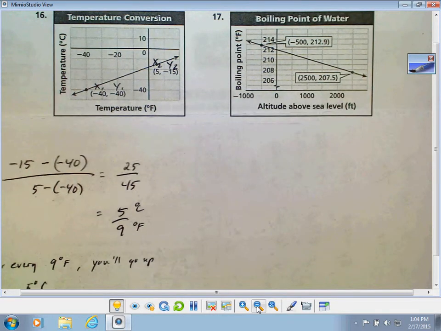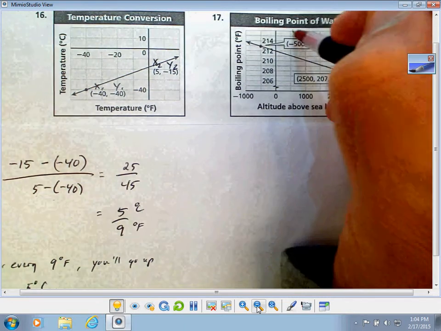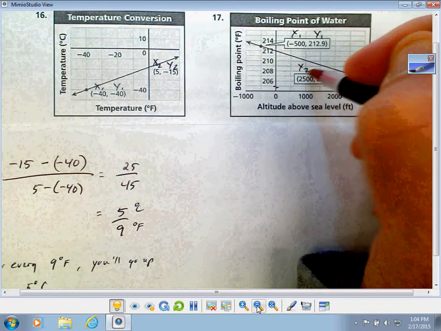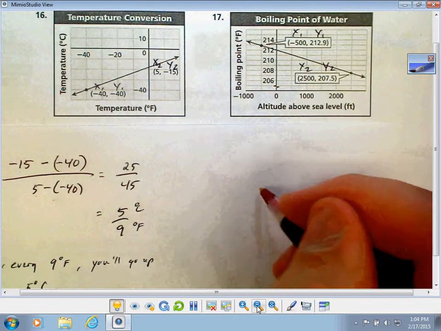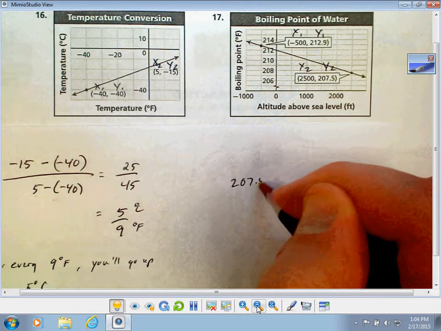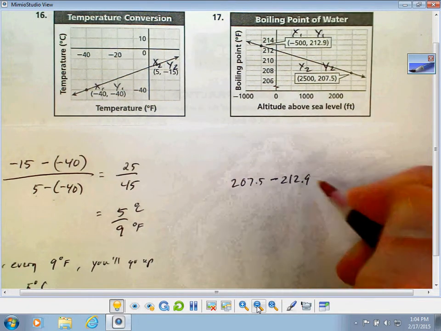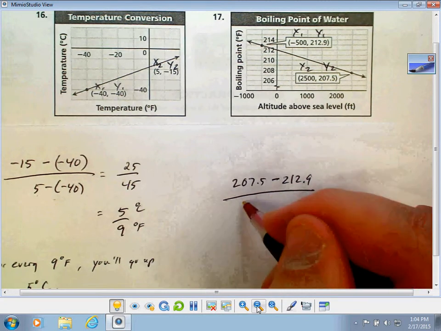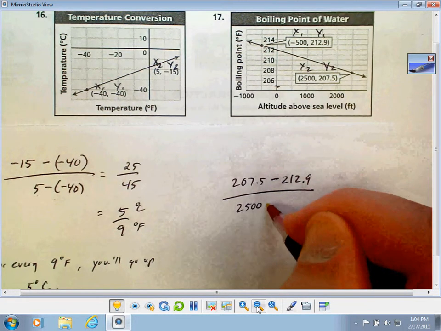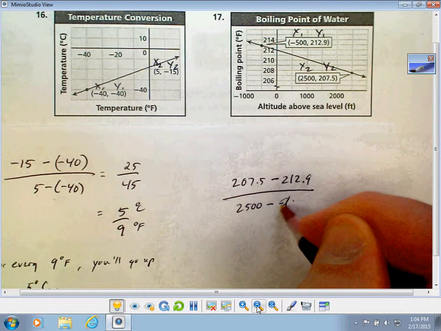Let's look at number 17 also with the same idea. We can call this one x1 and y1, x2, y2. 207.5 minus 212.9, 2500 minus negative 500.